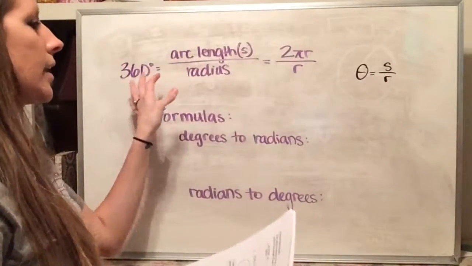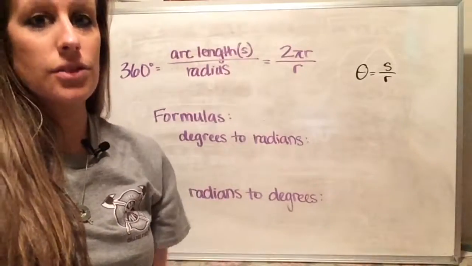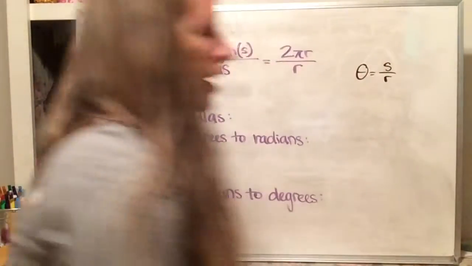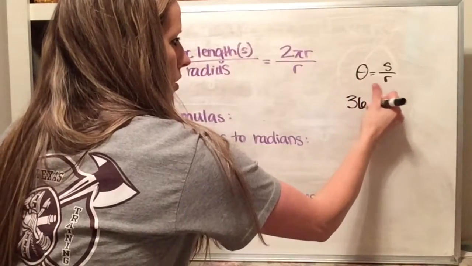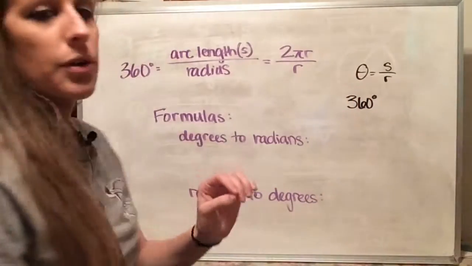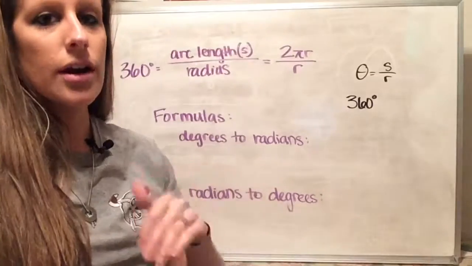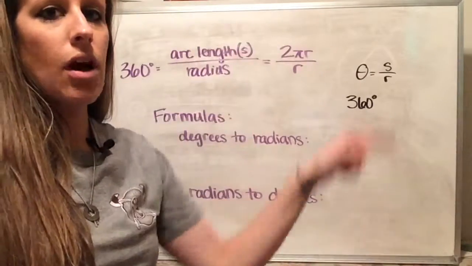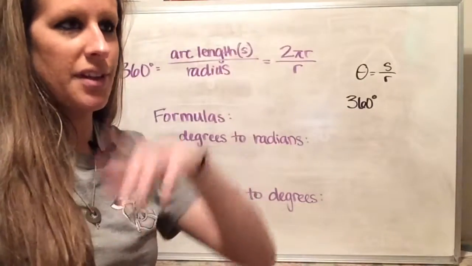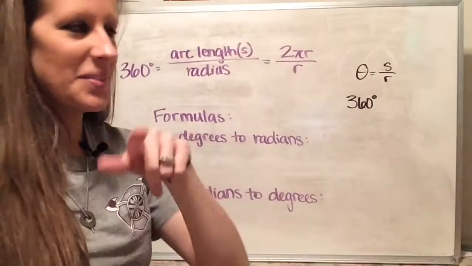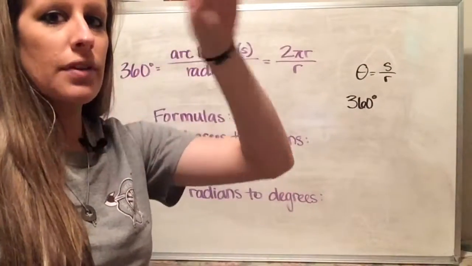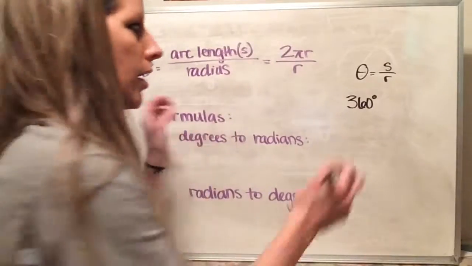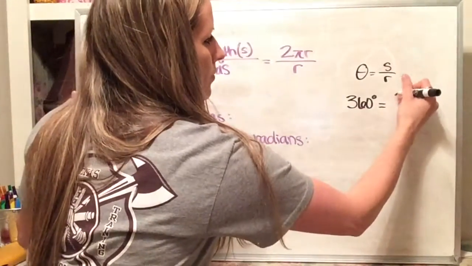So this is saying, let's say we have a complete circle. Okay, we have 360 degrees. If we want to find the arc length, your arc length is going to be all the way around the circle, once. So if you think about that whole circle, the circumference would be 2 pi r, right?